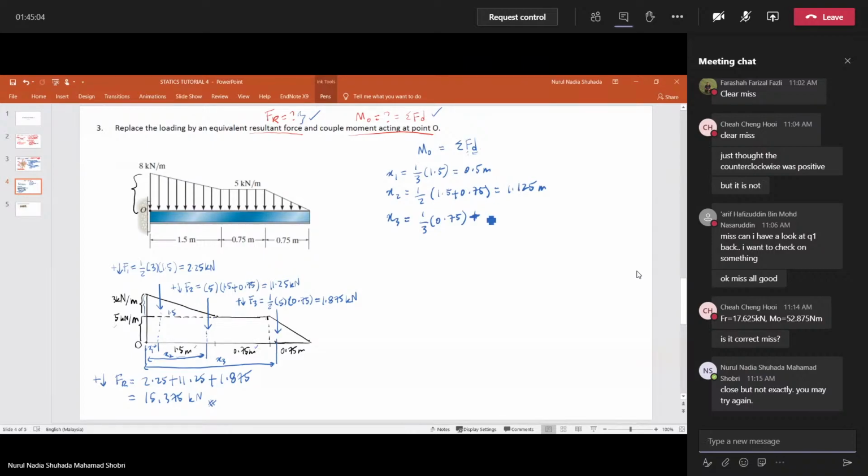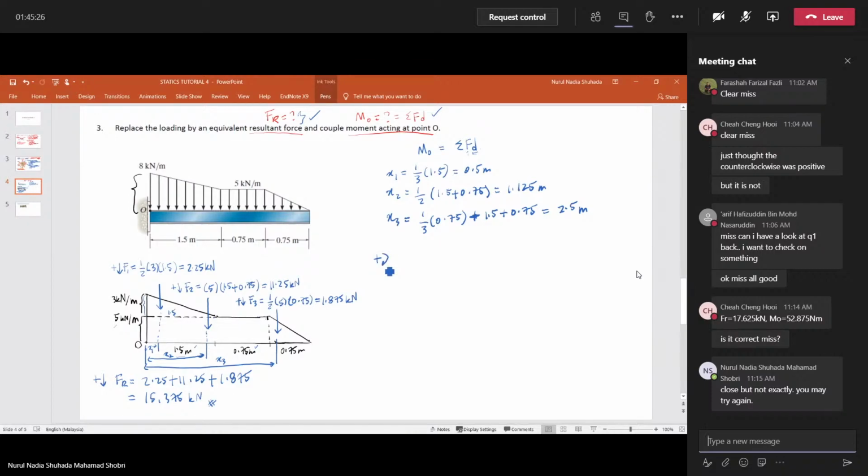Okay. So now we already know the individual distance for each force. Now we can use the formula. I define clockwise to be positive because all the forces here are pointing downward. So for easy calculation, I define clockwise to be positive.